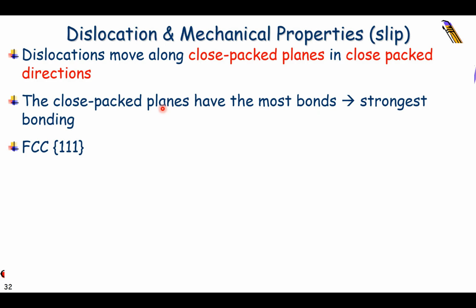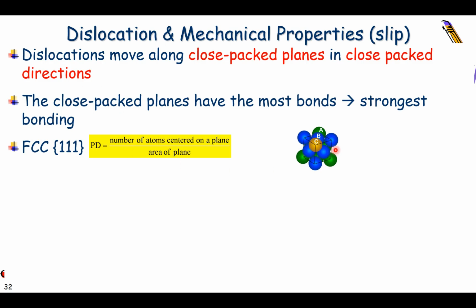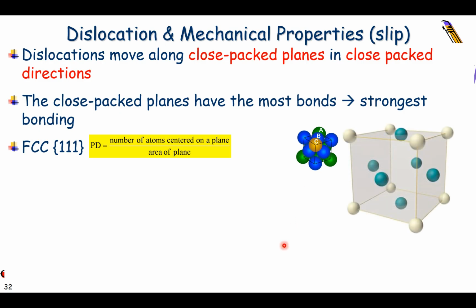For example, the 111 plane in FCC. This is the 111 plane, if you see the blue atoms. The planar density is highest: the number of atoms centered on the plane divided by the area of the plane. You have bonds like this.